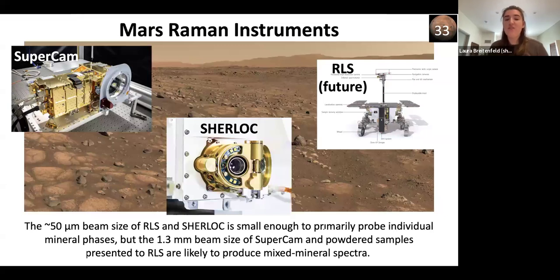In the case of RLS and SHERLOC, there is a smaller beam size of 50 microns, but a fine grain material in that size could also result in mixed mineral spectra. However, this problem is particularly the case for a larger spot size, like the 1.3 millimeter size of the SuperCam instrument.